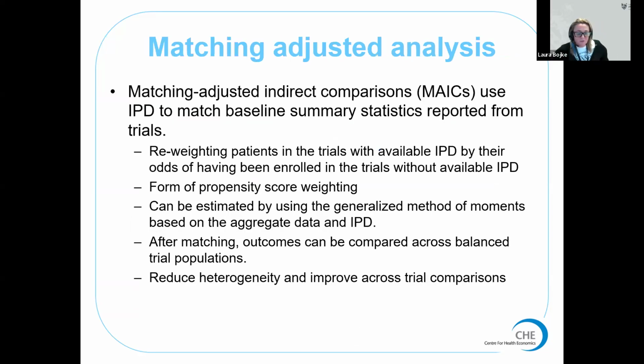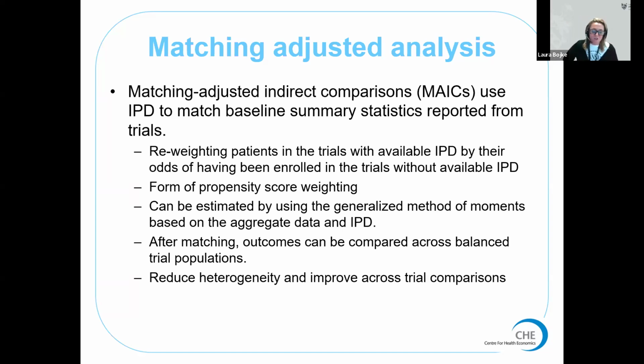So finally, the thing I was just going to talk about was match-adjusted analysis. This could be an entire session in itself, so I really just have a very limited number of slides here on match-adjusted analysis. And that's really because it is something that quite often comes up, particularly in health technology assessment, particularly for any folks that are working on technology appraisal type topics.